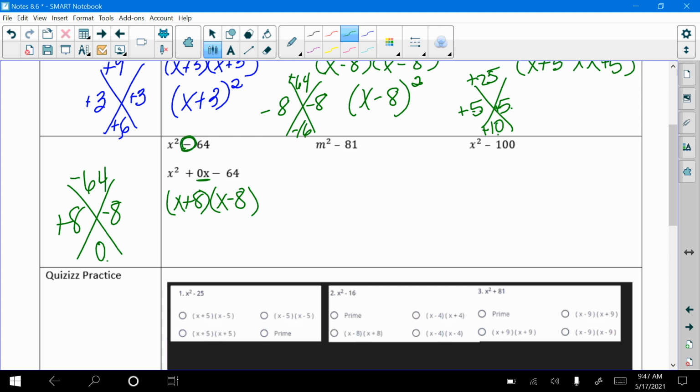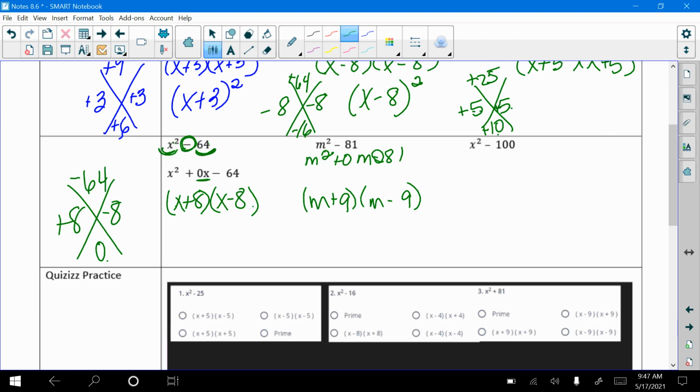So I have a minus sign here, which means difference. And this is a perfect square, and this is a perfect square. So it's a difference of two squares, which means when I factor it, it's going to be square root, plus and minus. So this one's the same thing. This is m squared plus 0m minus 81, which means m and m, square root of 81 is 9, different signs, plus and minus.